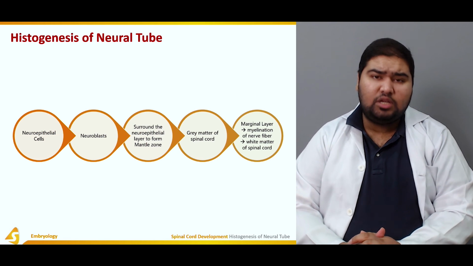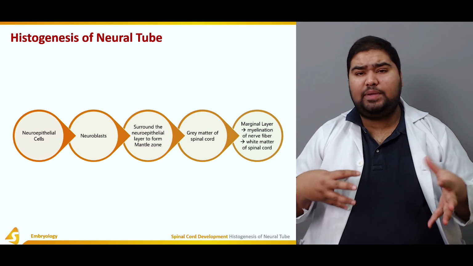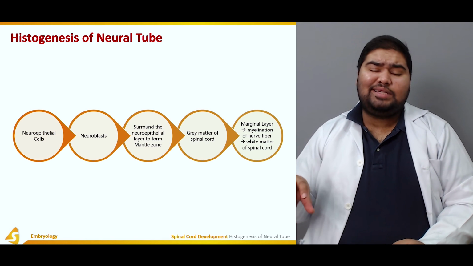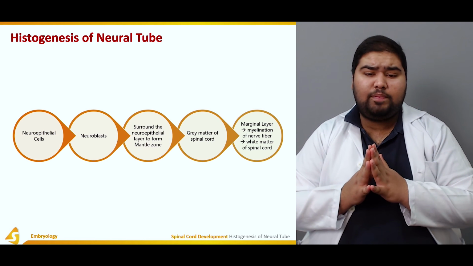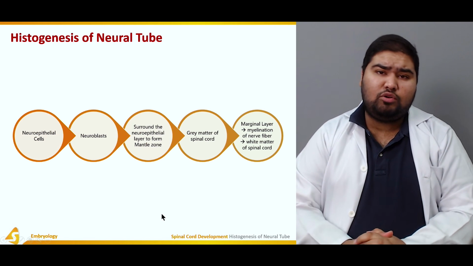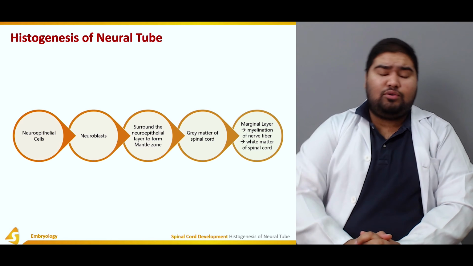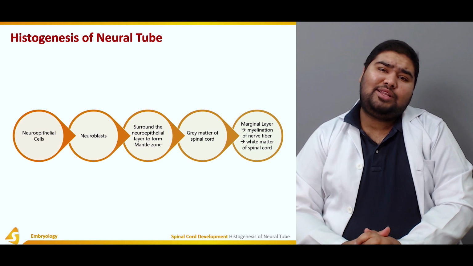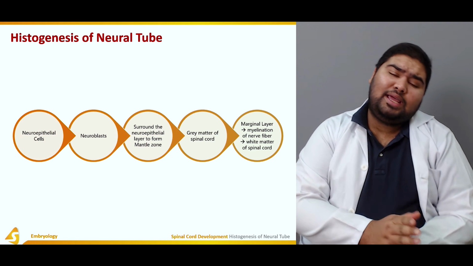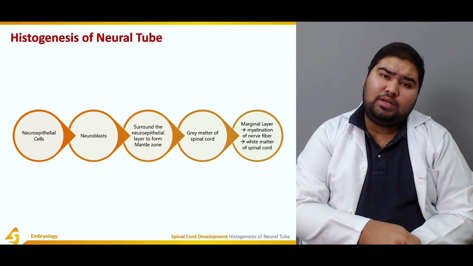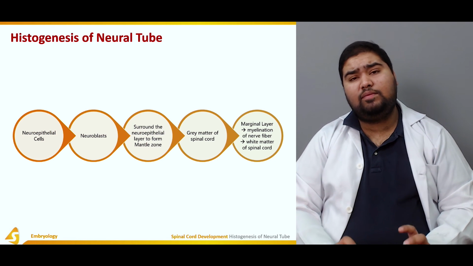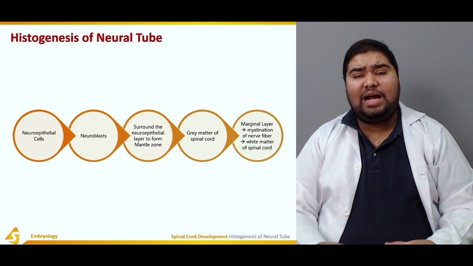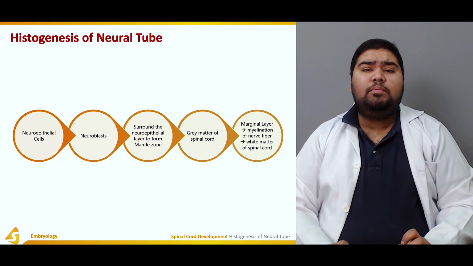So summarizing it, the cells start from the central zone. The neuroepithelial cells form the neuroblast and the neuroglia. The neuroblast and the neuroglia come to lie in the mantle zone and leave the cell bodies there. From there, the axons move to the marginal zone.